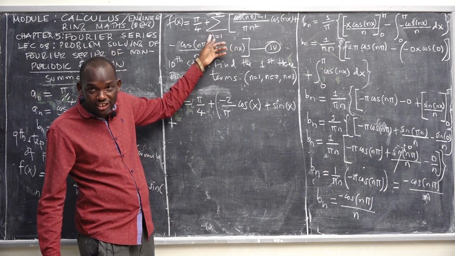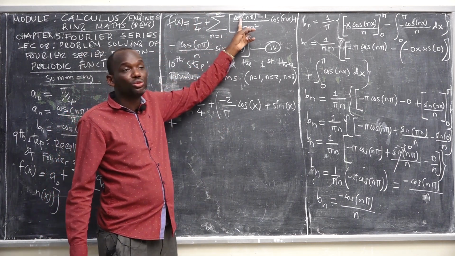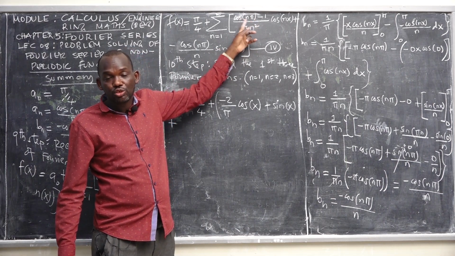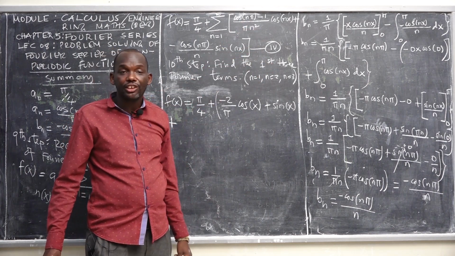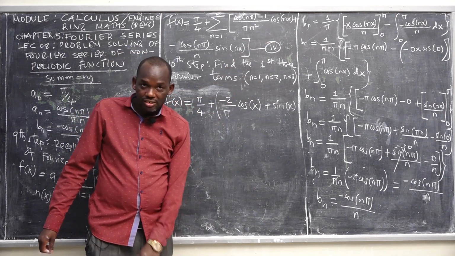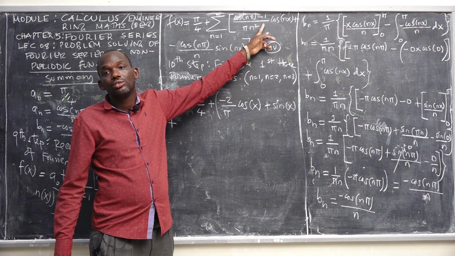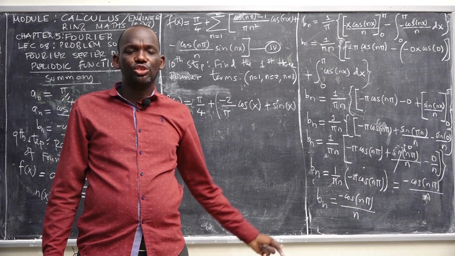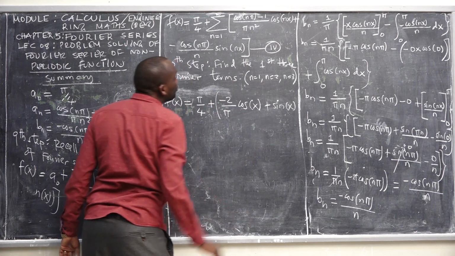Plus, we are going for the next two terms when n is equal to 2. That's why you say from n is equal to 1 to infinity. So when n is equal to 2, we substitute in this Fourier series. We have 2 pi, which is 360 degrees. Cosine of 360 degrees is positive 1. Positive 1 minus 1 is 0. 2 times 2 is 4, 4 times pi, 4 pi. 0 over 4 pi is 0.